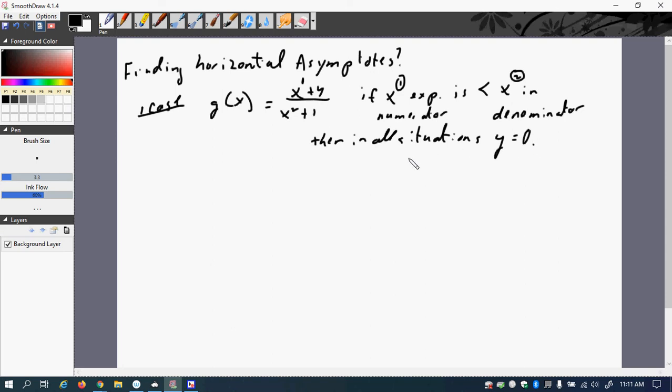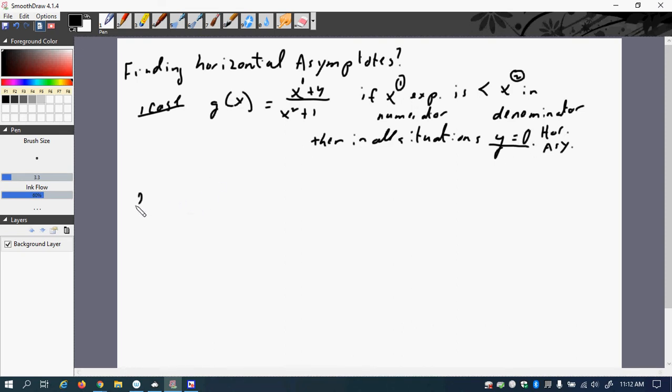That will be your horizontal asymptote in all cases. So anytime the numerator's exponent is smaller than the denominator's exponent, it will always be this case. So this is a nice thing to know.